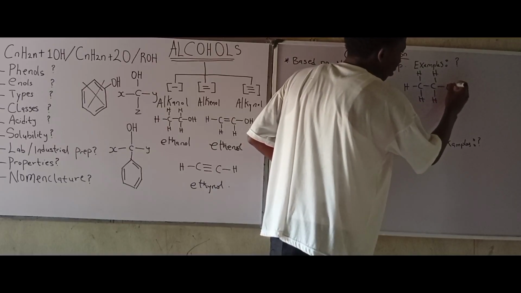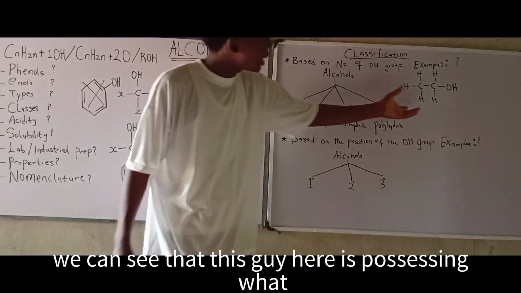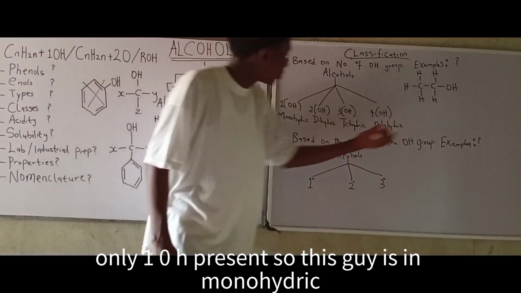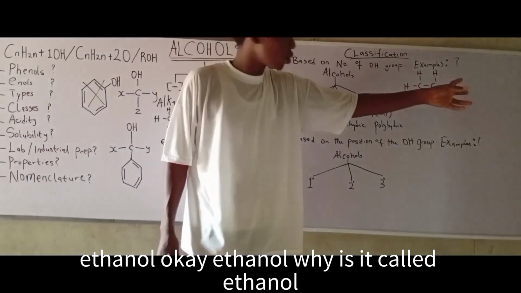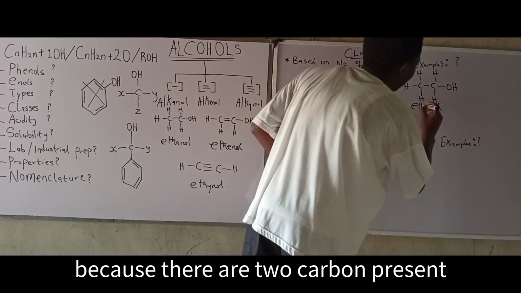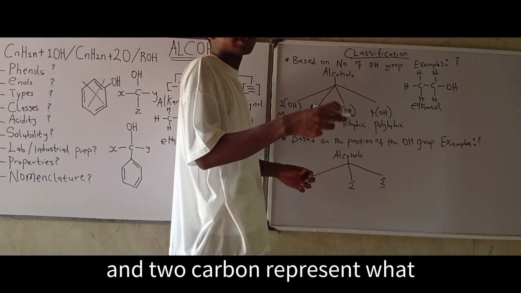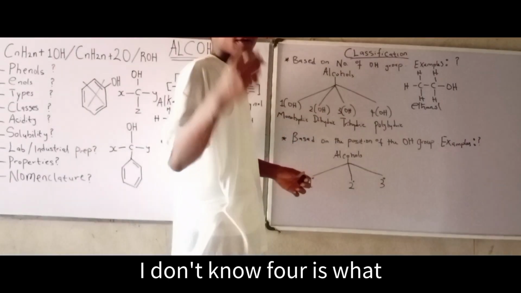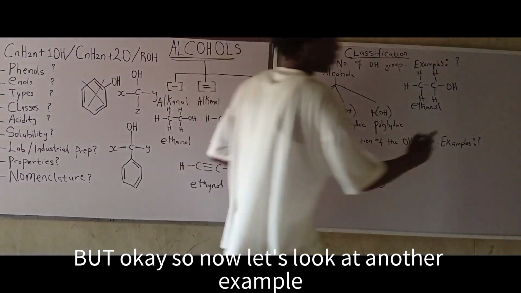Okay, so now, from the look of things, we can see that this guy here possesses only one OH. So this guy is a monohydric. This guy is called what? Ethanol. Why is it called ethanol? Because there are two carbons present, and two carbons represent what? Eth. One carbon is meth, three is prop, and four is what? But. Okay? So now, let's look at another example.